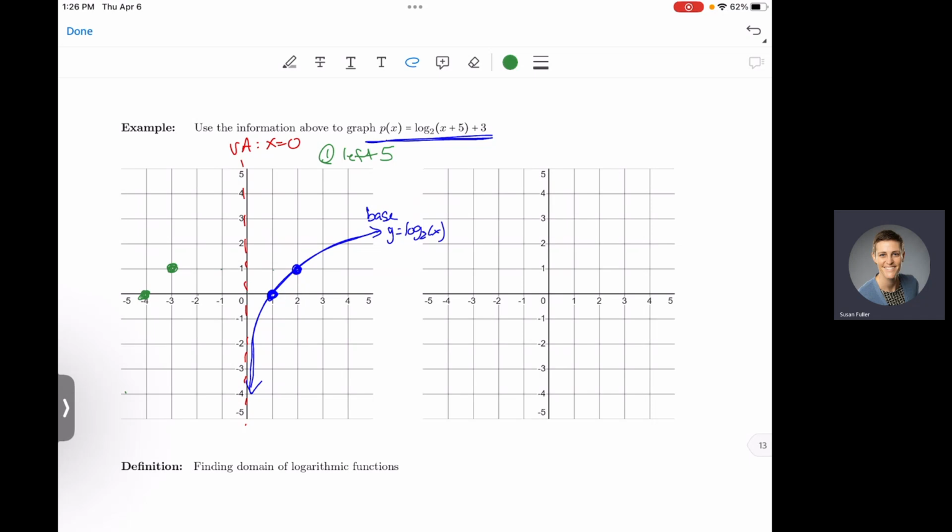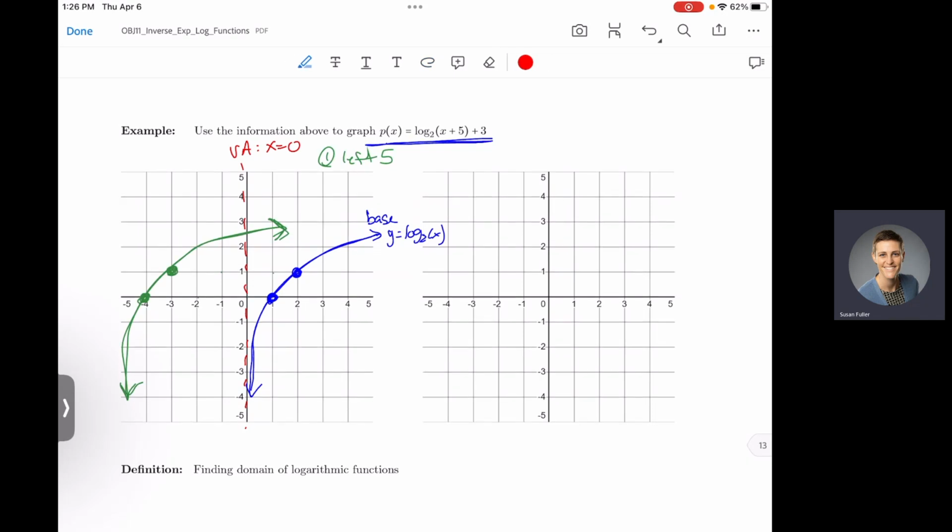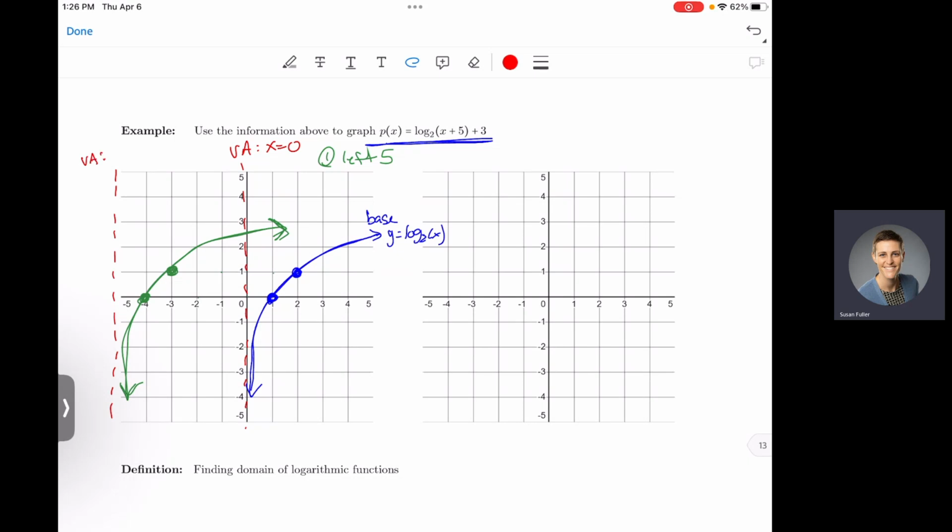So notice this looks like this. Now, when I shift this to the left, notice that my vertical asymptote is going to shift with the graph. So my vertical asymptote moves with the graph over here. My vertical asymptote is now at x equals -5.